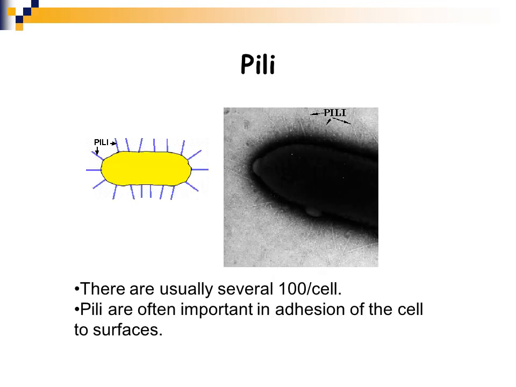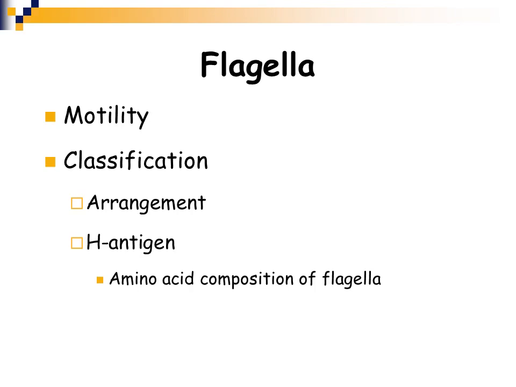So again, common pili are usually all over the surface of the cell, and they're very important for allowing the cells to adhere to various surfaces. Flagella are very important for motility.